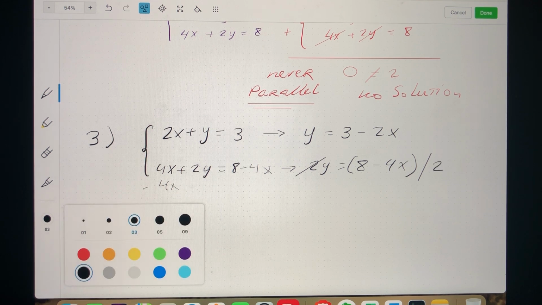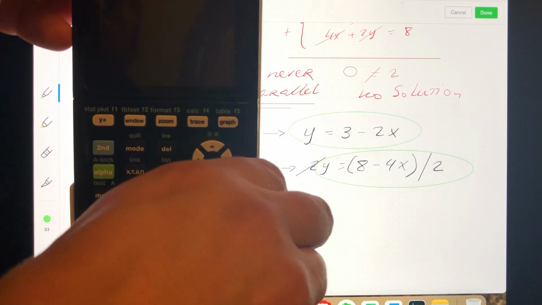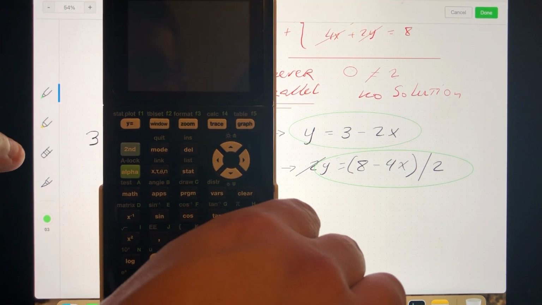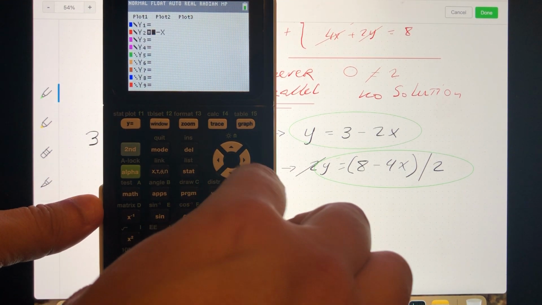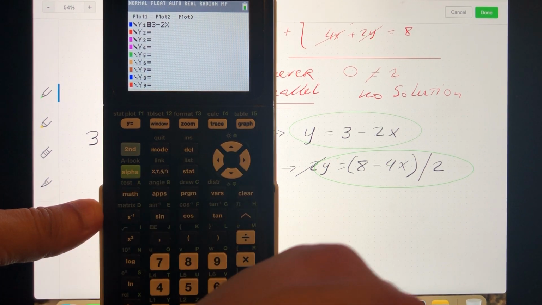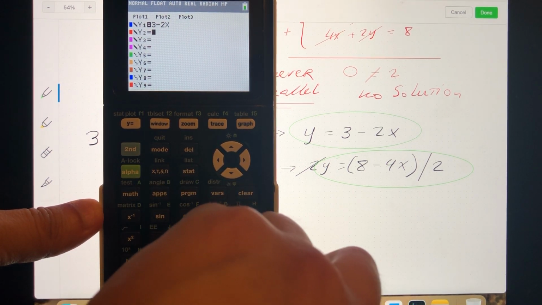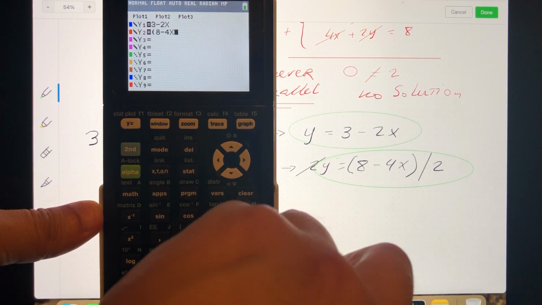So now, if we take these two equations and type them in our calculator, we should see two lines that are parallel. Let's have a look. So here is our calculator, and y equals, first equation is 3 minus 2x, second equation is 8 minus 4x divided by 2.